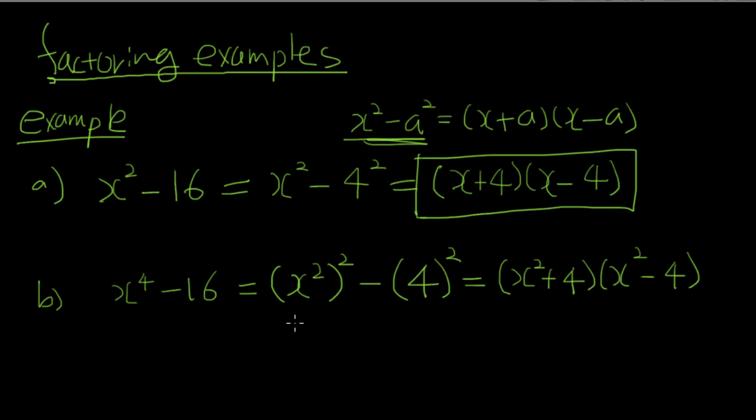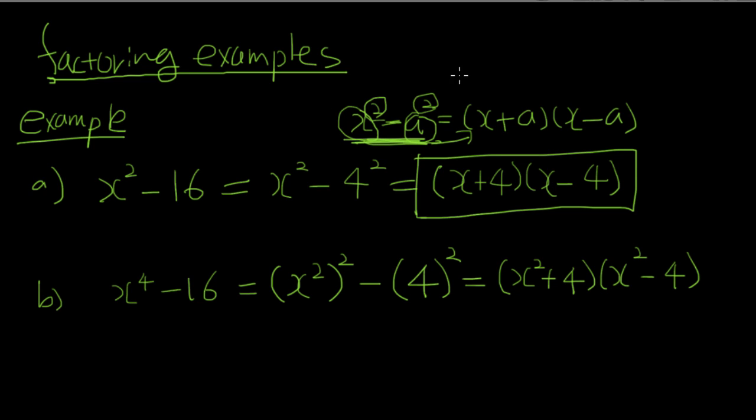Now let me try to explain this again. This formula means whatever we have squared minus whatever we have squared can be factored like that. So it doesn't have to be x, it doesn't have to be a. We don't really care what that is. Anything squared minus anything squared should be factored in this form.